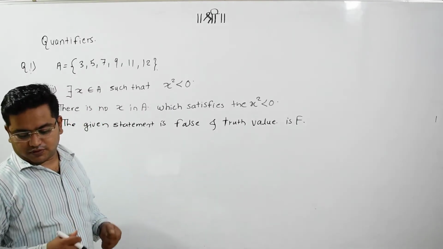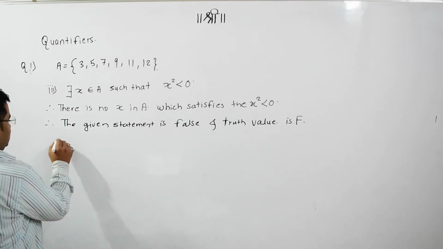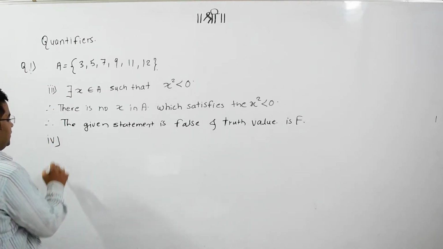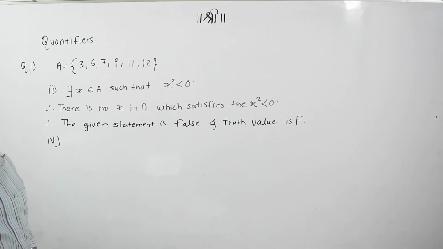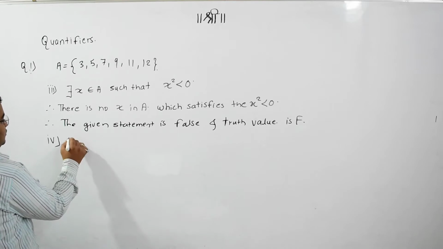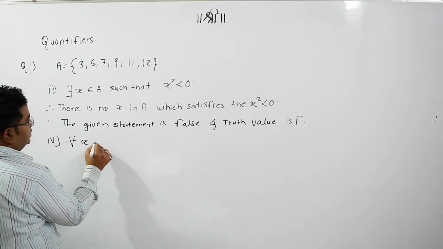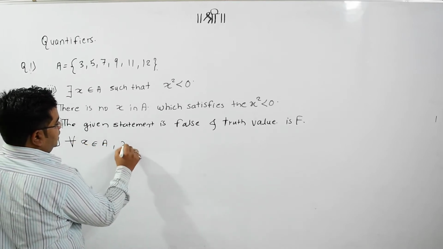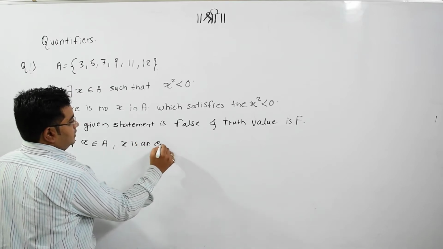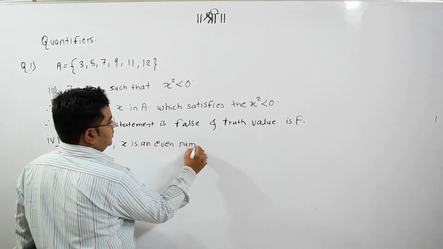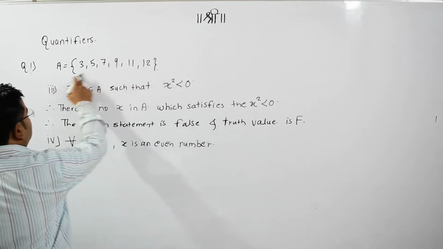What is that? Question number 4. Now question number 4 is not a question, it's a statement which we need to find whether it is true or false. Now look at that. They're saying for all x belongs to A, x is an even number. Again this is false. Can you see any even number over there?